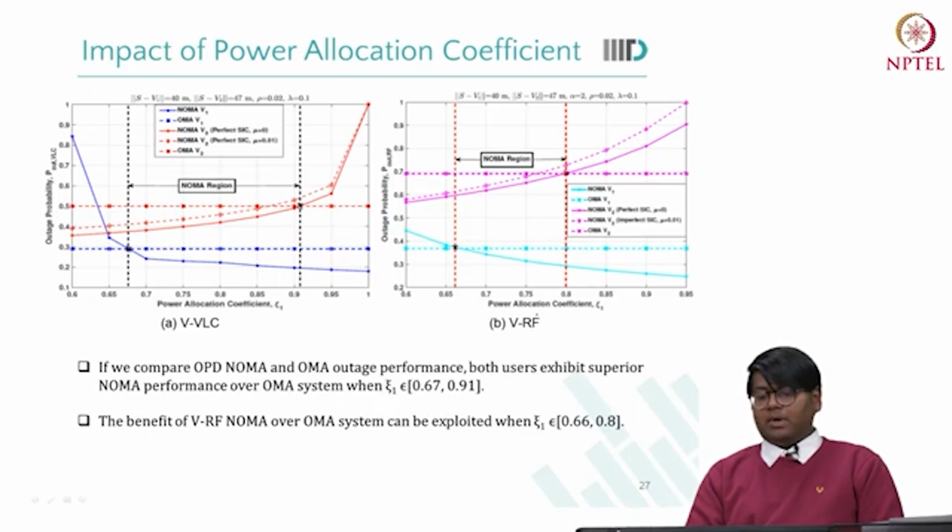When the power allocation coefficient is in this range, we see that the NOMA performance is better as compared to the OMA system, orthogonal multiple access system. And for the VRF case specifically, the benefits of vehicular radio frequency NOMA over OMA system can only be exploited when the power allocation coefficient is in this interval.